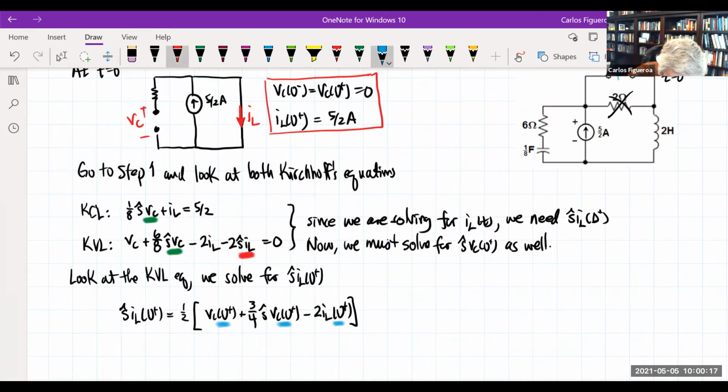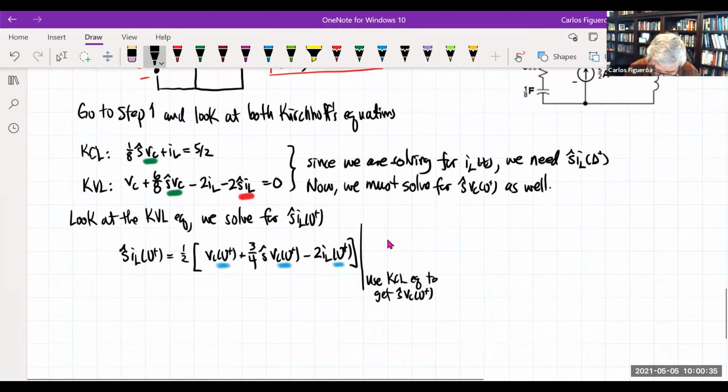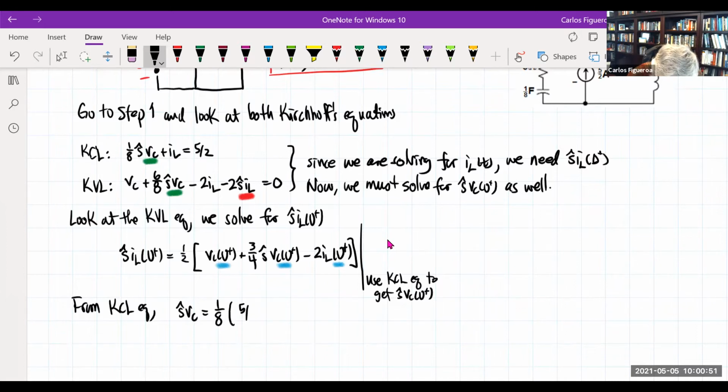So then what I'm going to do here is use the KCL equation to get S hat VC of 0 plus. And you could see here, so if I do that, we then have the following thing. From a KCL equation, you could see here that I'm going to get S hat VC. Now note, there's my eighth, and then this should be 5 halves minus IL of 0 plus.